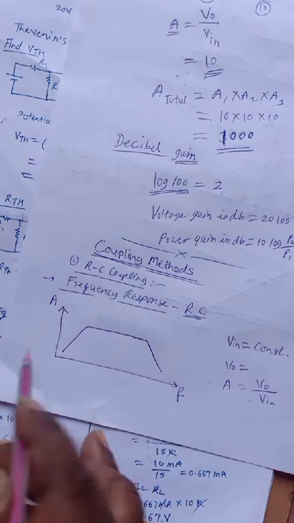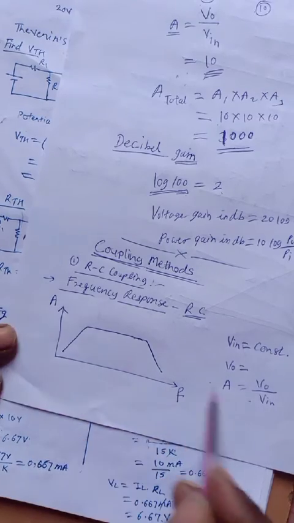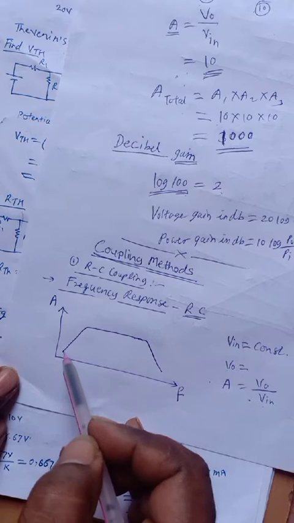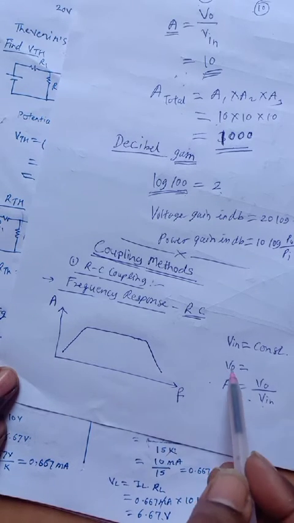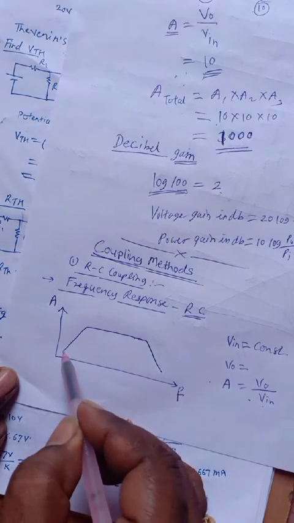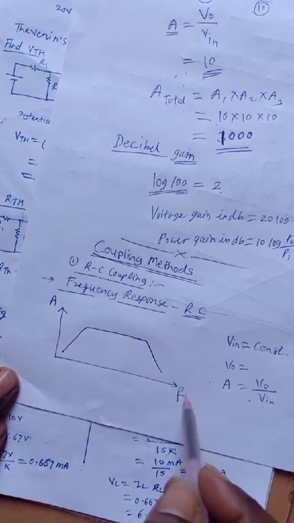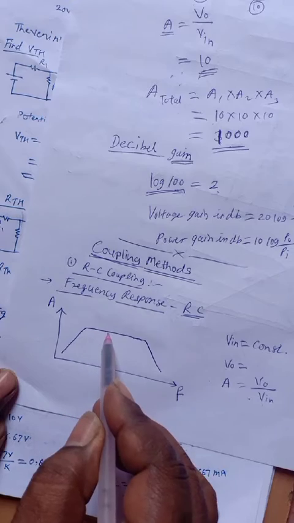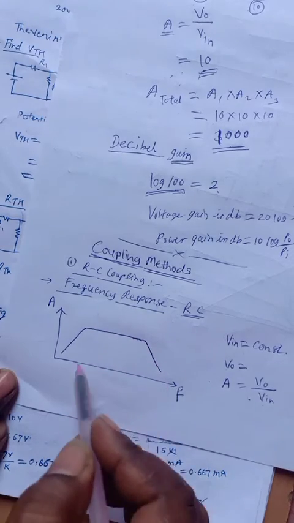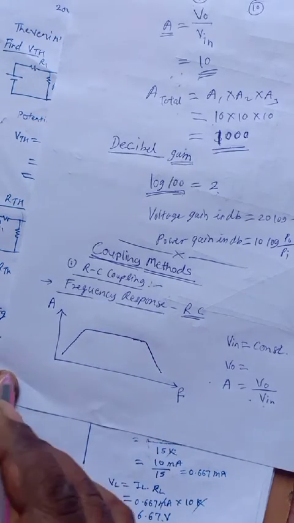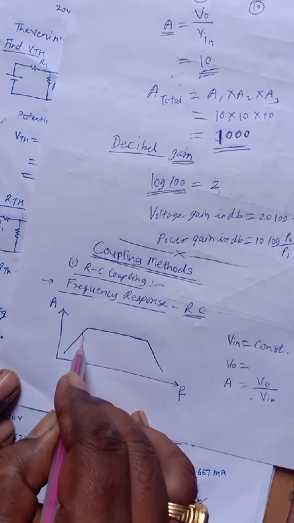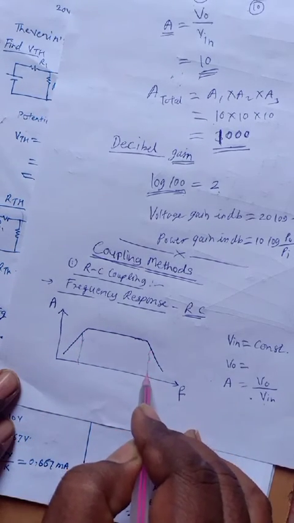Because Vin is constant, the gain varies like the output voltage. So initially as we increase the frequency the gain increases, then it becomes constant, and again decreases. This is the frequency response.